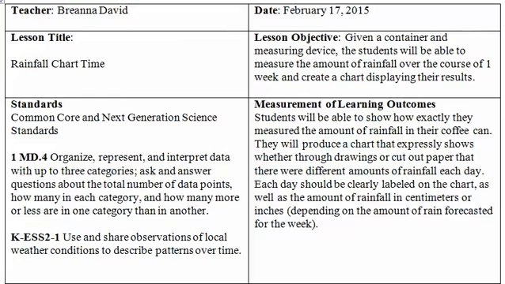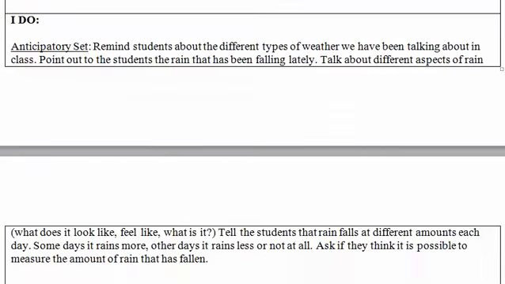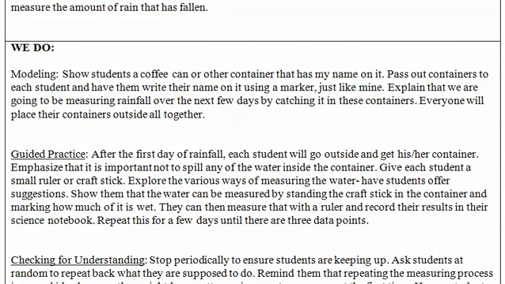So what this lesson entails is that they will begin with putting their name on some sort of container, a coffee can or some other plastic container that they will put outside, and the next few days the container will sit outside until it rains.